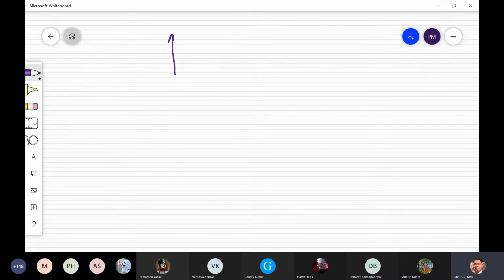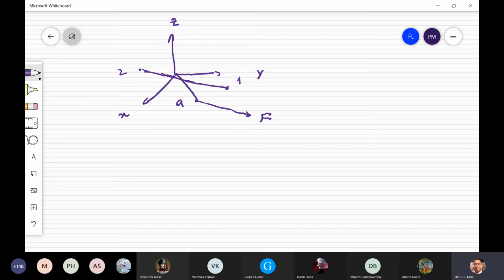In the question it was said like this: this one is y, this is x, and this is z. So the second point is here, the first point is here, with a line joining them, and any force, say this one, is passing through this A point.